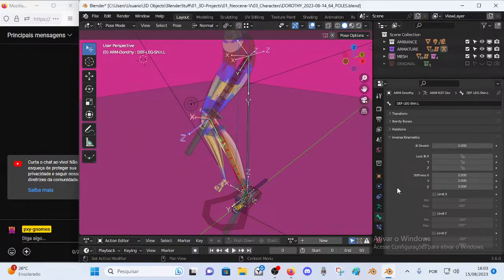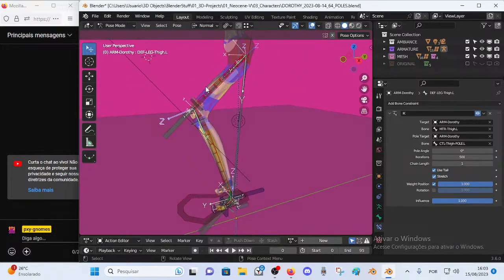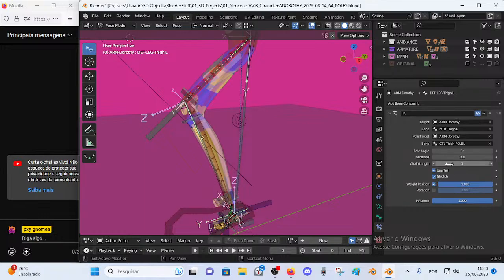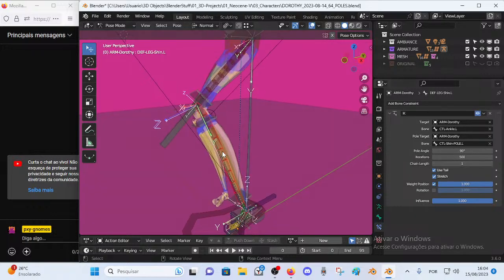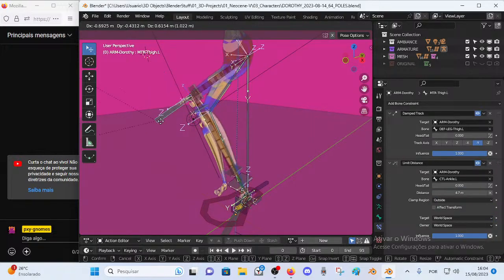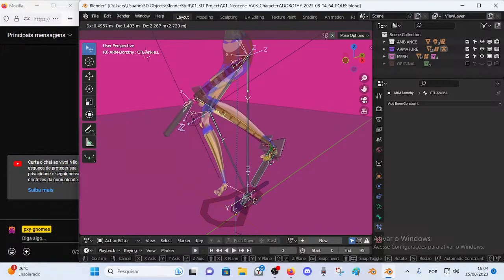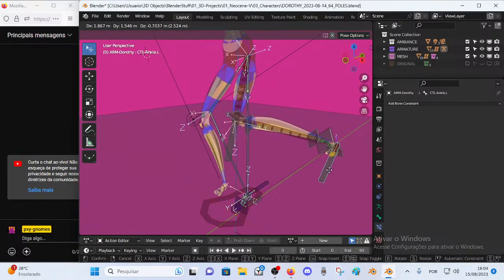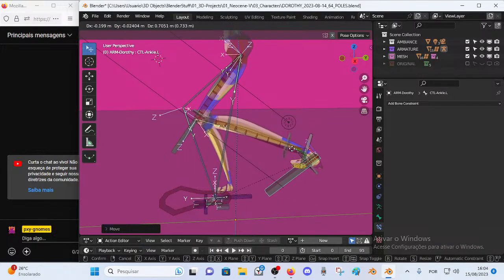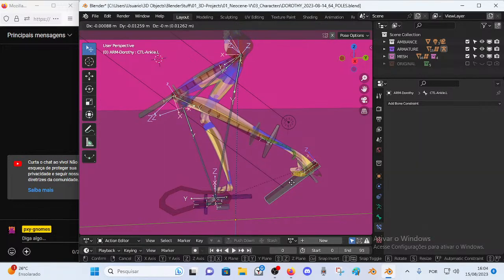So basically we've got here an IK bone constraint with a chain length of 1 for the thigh bone, and then another with chain length of 1 for the shin bone, and this allows for this sort of movement. Of course there are some issues here, because in this case there are special settings.